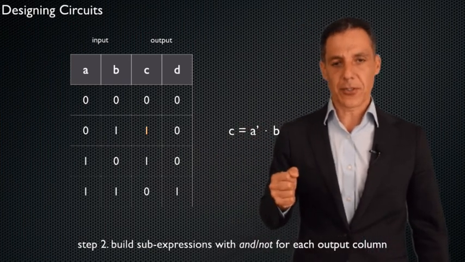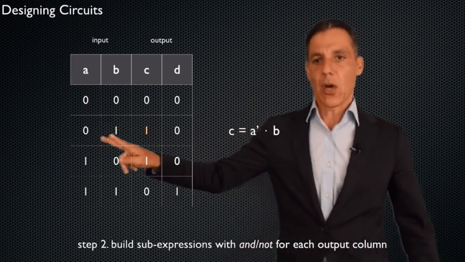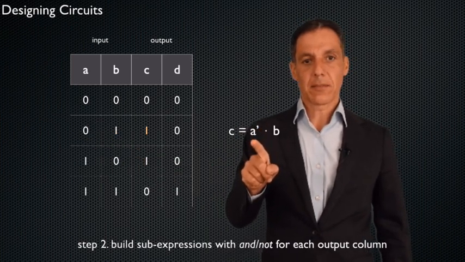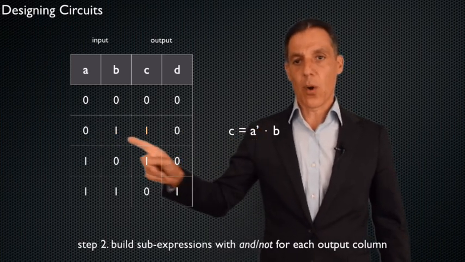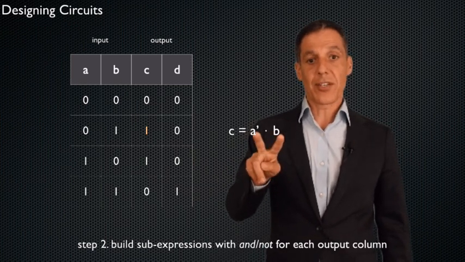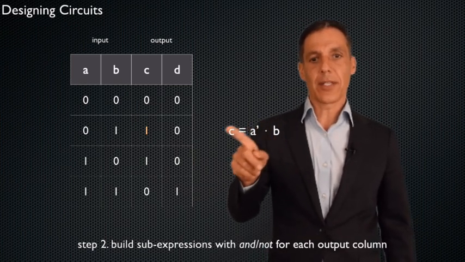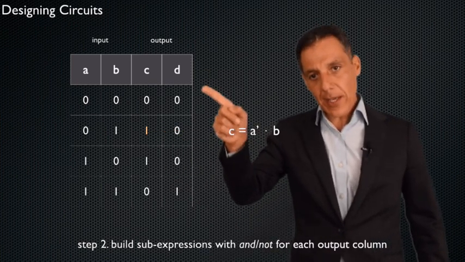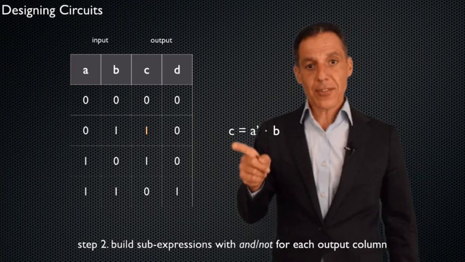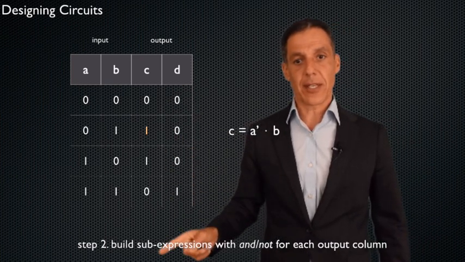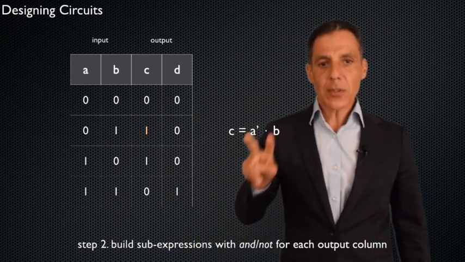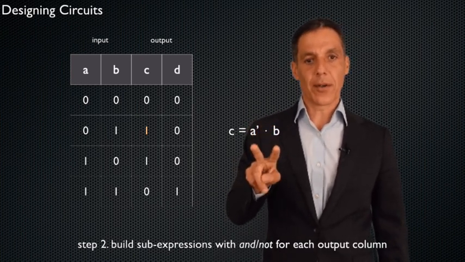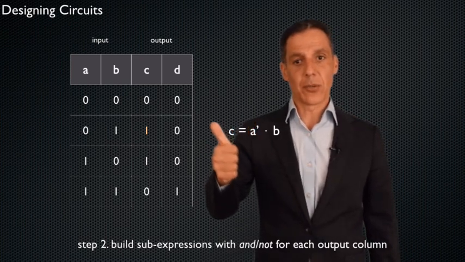So let's make sure we understand that. When A is 0, what is the NOT of A? 1. When B is 1, B is 1. So the NOT of 0 and 1 is 1. Sure, that's that 1 right there. Now, unlike this one here, this little expression doesn't capture everything. Why? The only time this expression is 1 is when A is 0 and B is 1.